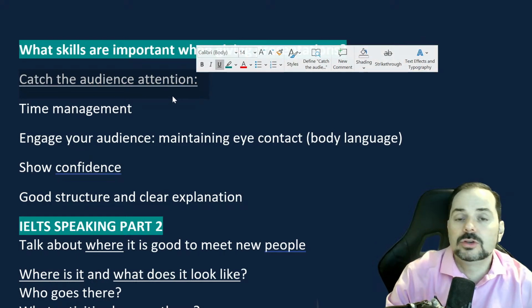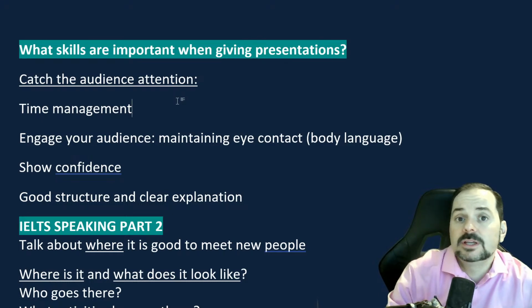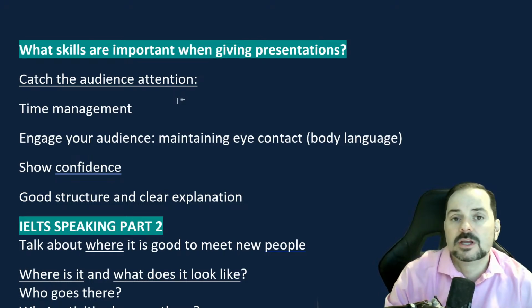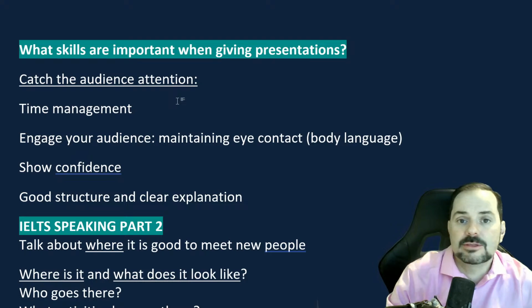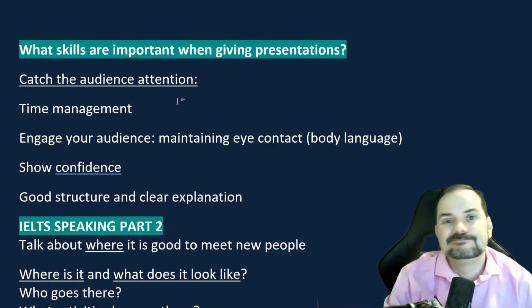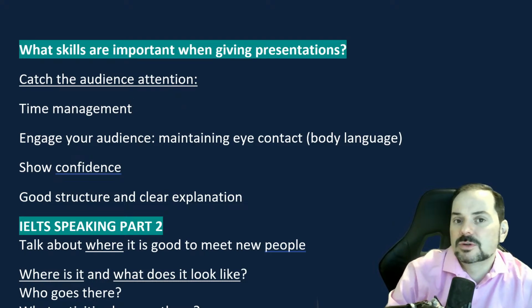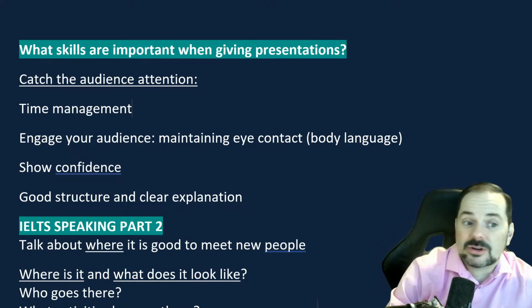So your topic should be relatively original, okay? If you are the 10th candidate on that day presenting on the same topic, it's going to be harder to get a good score, okay? Because it's not going to sound as original. Your lexical resource will sound repetitive of other candidates as well.